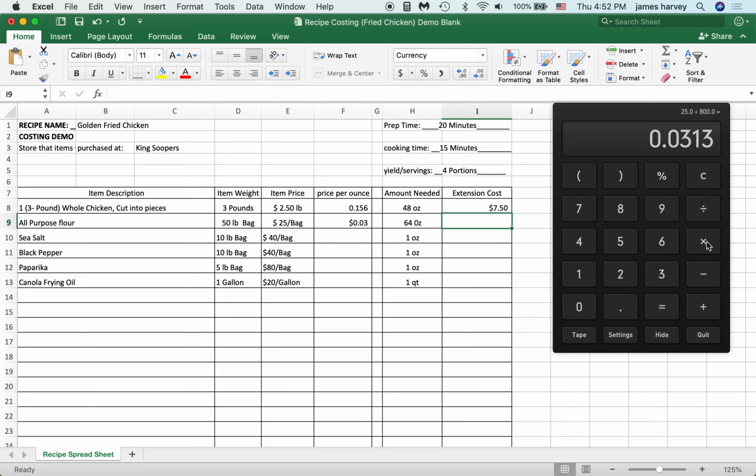Times this by 64, which is how many ounces we need for the recipe, and we get our total extension cost of $2.